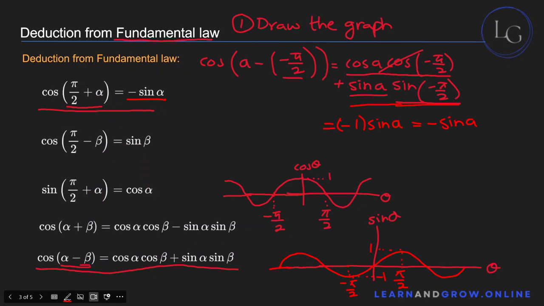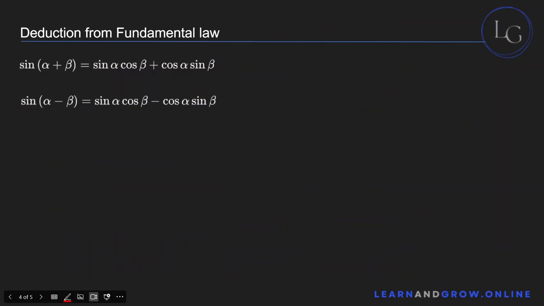And similarly, when you apply the fundamental law over here, you get sine beta. When you apply it on sine pi by 2 plus alpha, you get cos alpha. And basically, you need to convert the cos function into the sine function to be able to get this. And we have that over here.